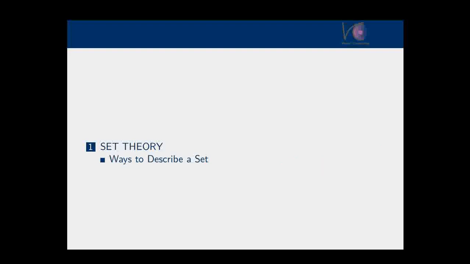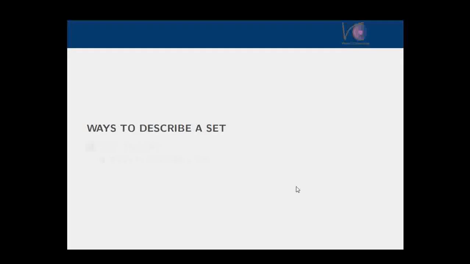So now, keeping in mind these characteristics, in this session we are going to talk about the ways we can describe a set. There are 3 simple ways in which we can describe a set.